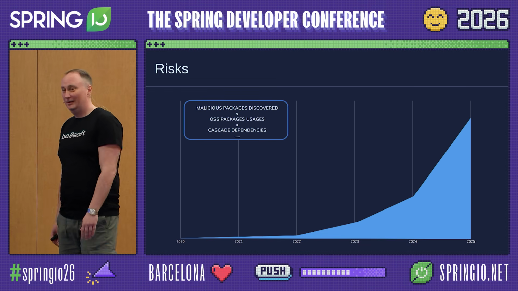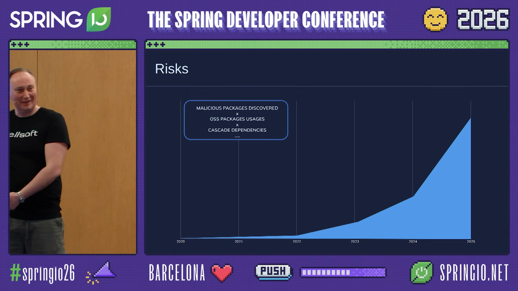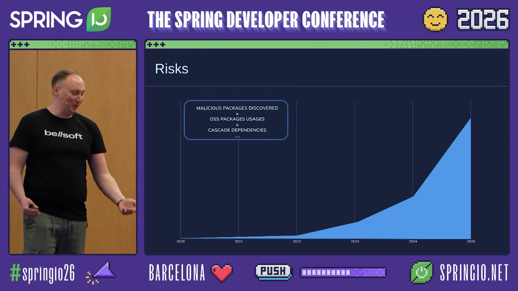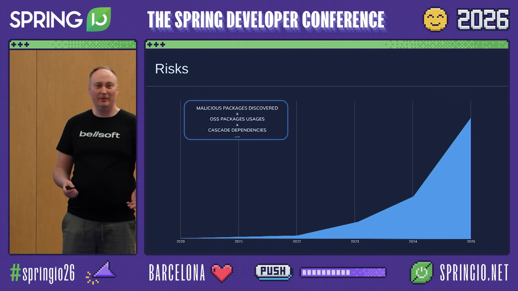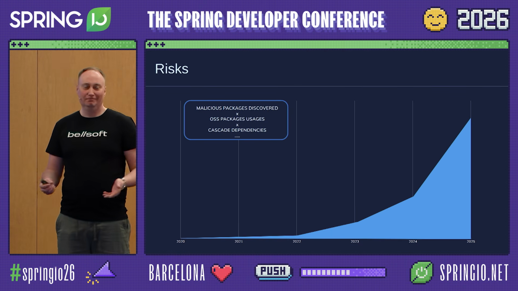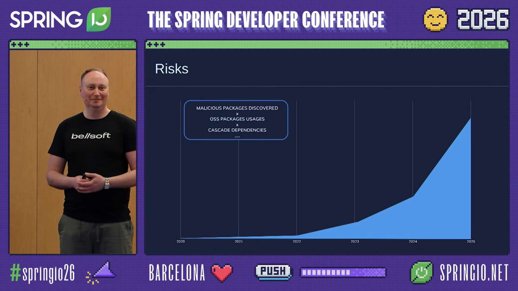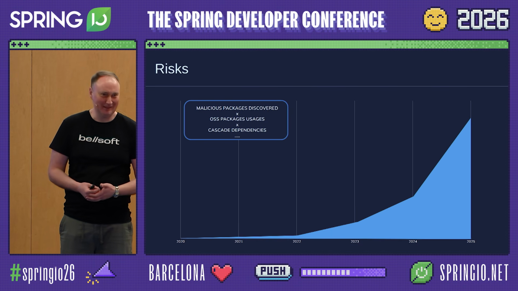And that means we multiply all the numbers and we get an even worse picture, and that means growing risks.